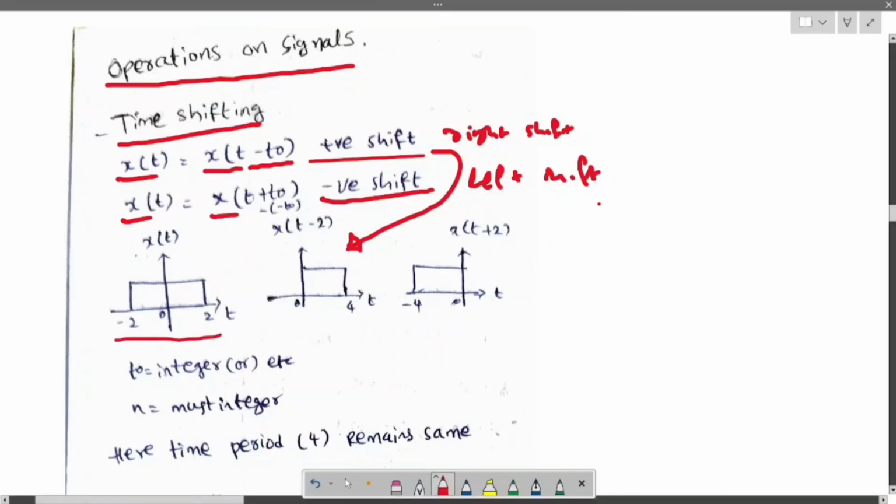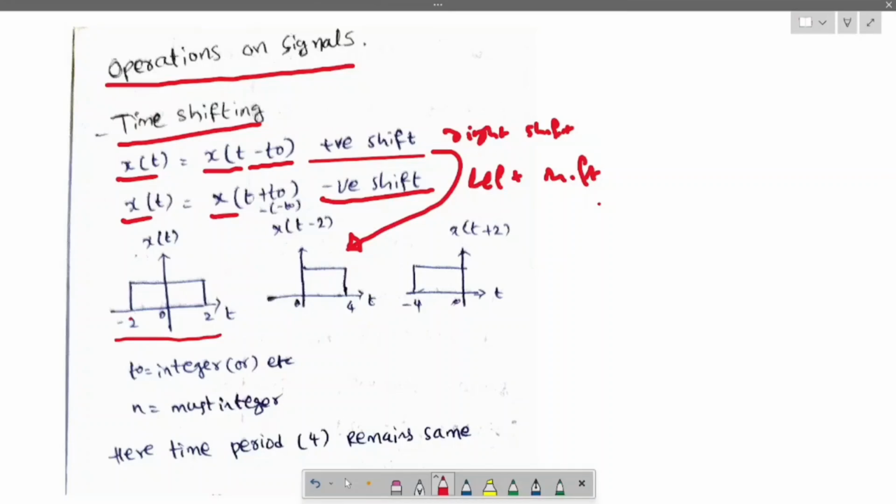Suppose x of t is like this, the interval is -2 to +2, which means the duration of time is 4, right? If you perform t minus 2, which means the positive shift, the signal will shift to the right side.